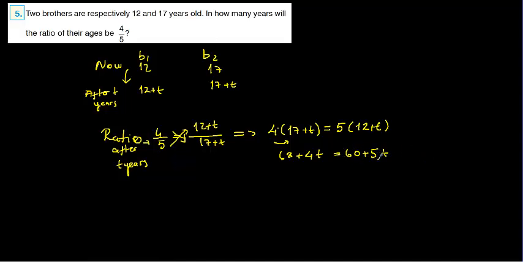If I collect the terms together, 68 minus 60 will be equal to 5t minus 4t, and 8 is equal to t.